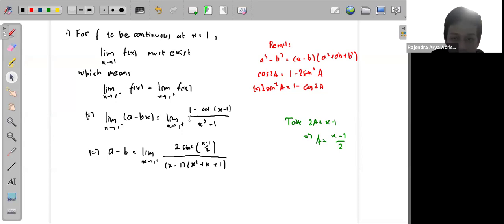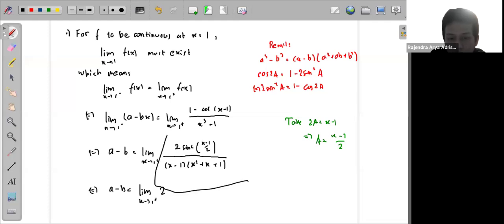Next, we rewrite this, and now from the limit here, when x approaches 1 from the right, we do it like in my previous video, my fourth video. We can just split this thing here into some multiplication. So I put 2 there, and now I put the first sine here because the sine is squared.